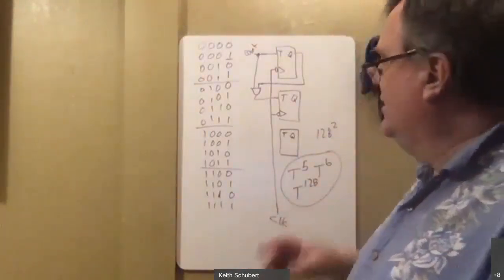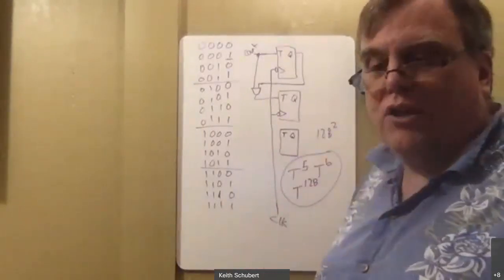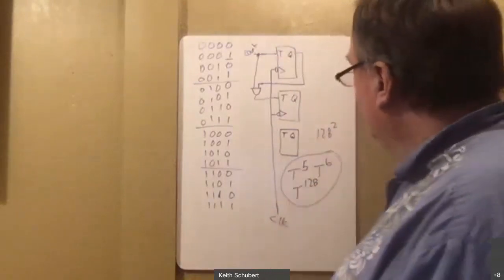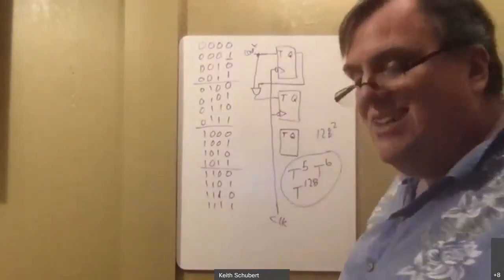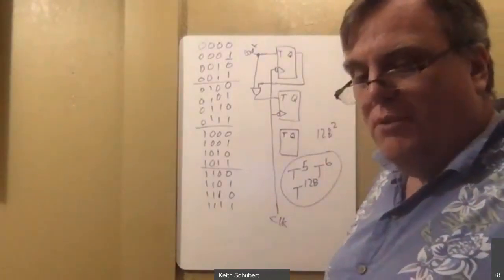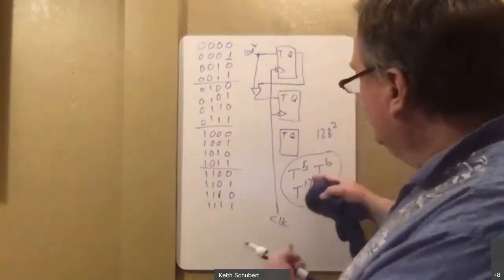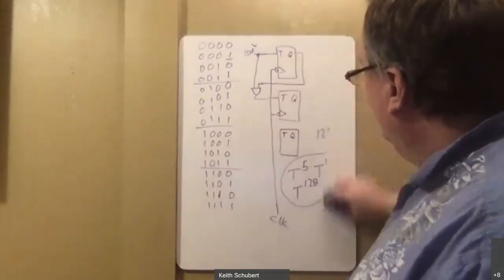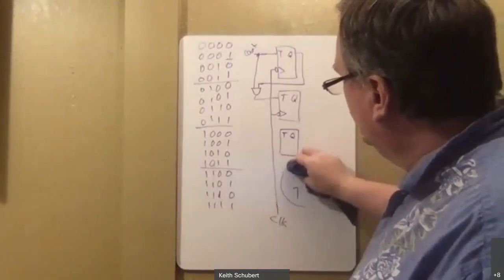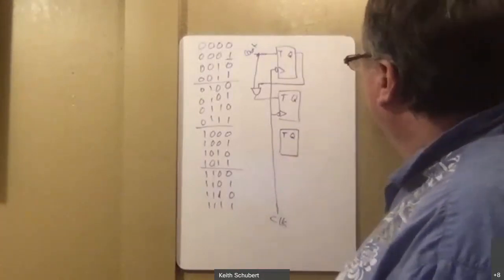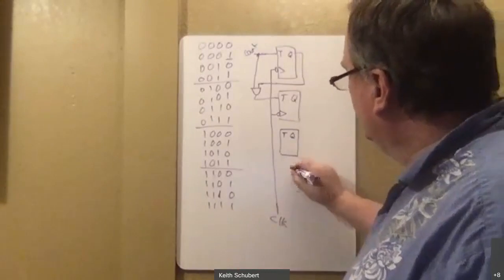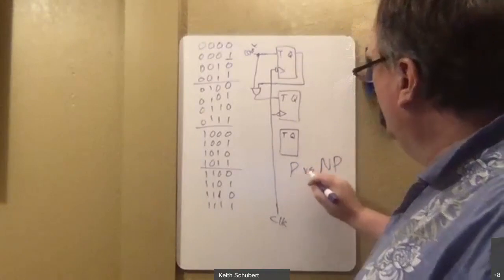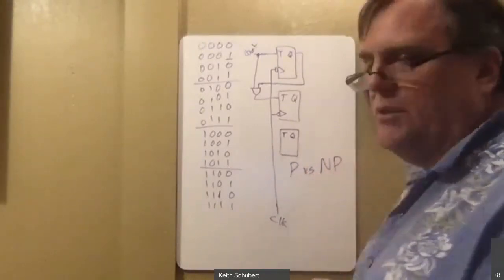And amongst the too-slow ones, unfortunately, Quine-McCluskey is one of them. We haven't proven that there's not a fast algorithm to do this, but nobody's been able to find one. So this is one of the great open problems in our field today: how do you handle these kinds of slower algorithms? It's sometimes called the P versus NP problem, polynomial versus non-deterministic polynomial.